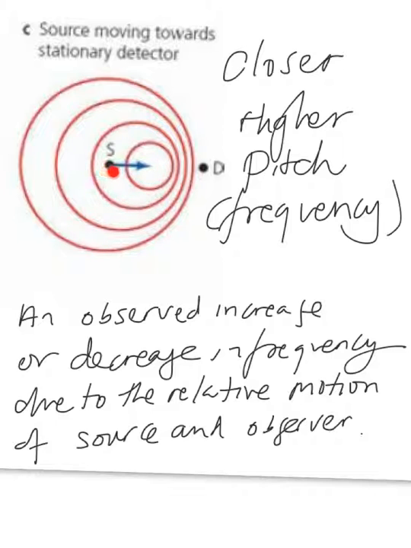That movement forward causes a squashing of the outgoing waves. So the actual effect is that you get a shortened wavelength, and that shortened wavelength causes a higher pitch or frequency.